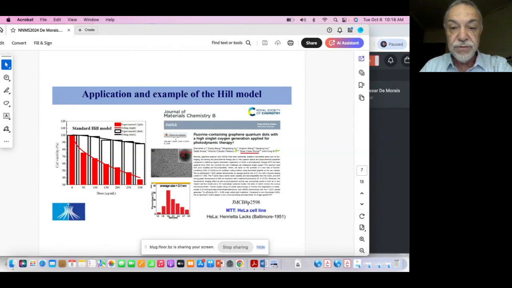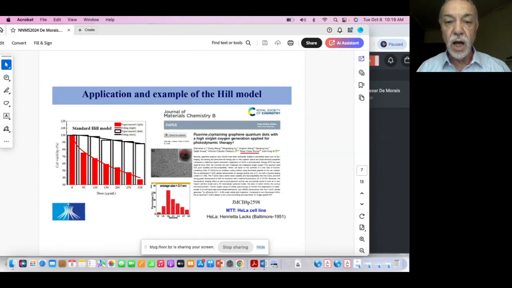And we challenged the cell line with graphene quantum dots, but graphene quantum dots doped with fluorine.